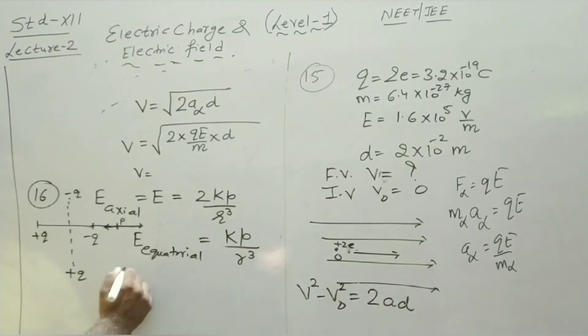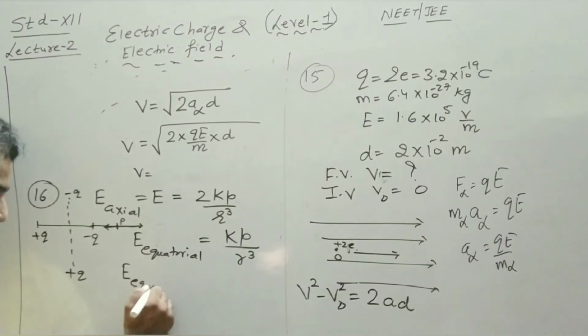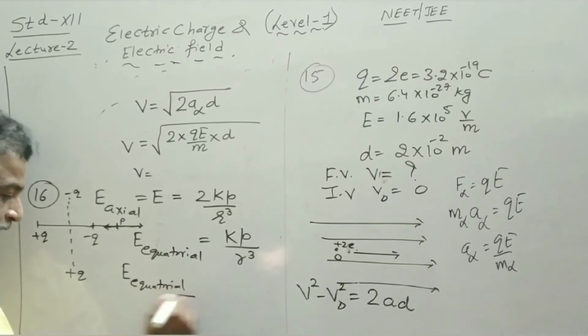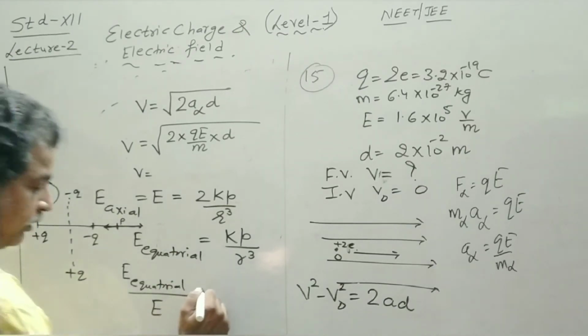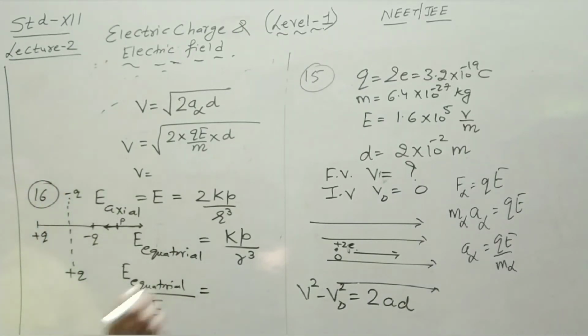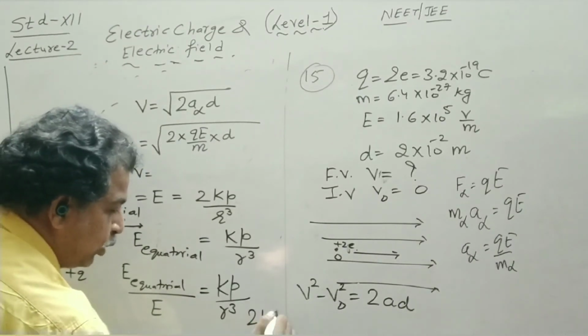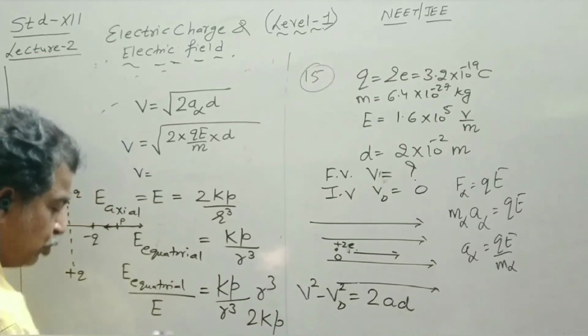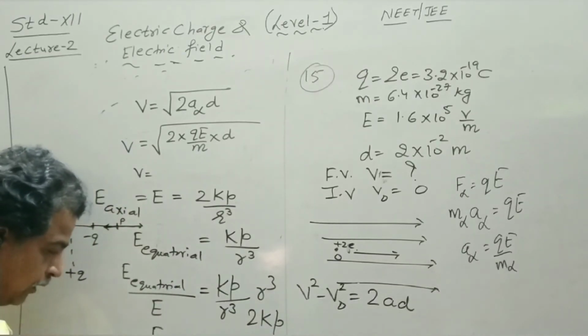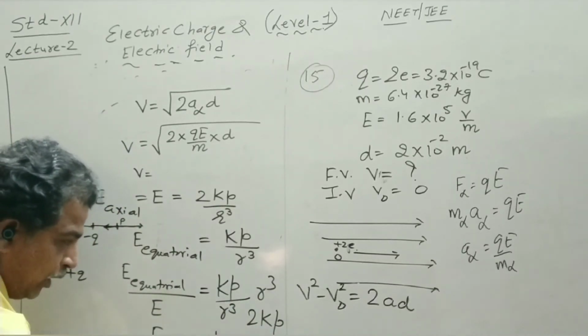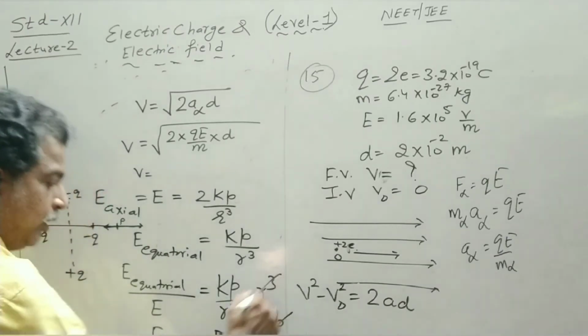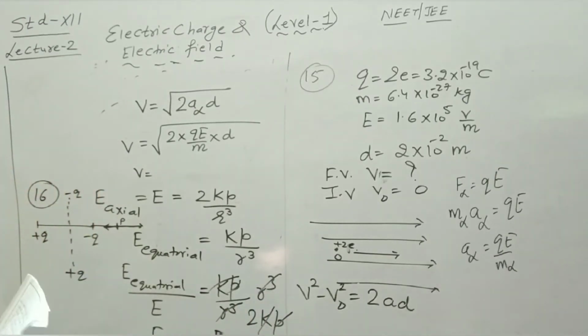So directly we can take the ratio of E equatorial divided by E, that is equal to kp upon r cube into r cube upon 2 kp. So E equatorial is equal to E by 2. All the terms get cancelled.